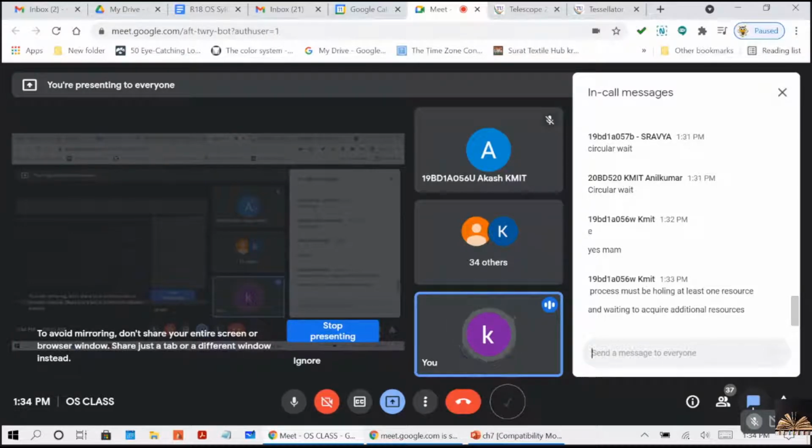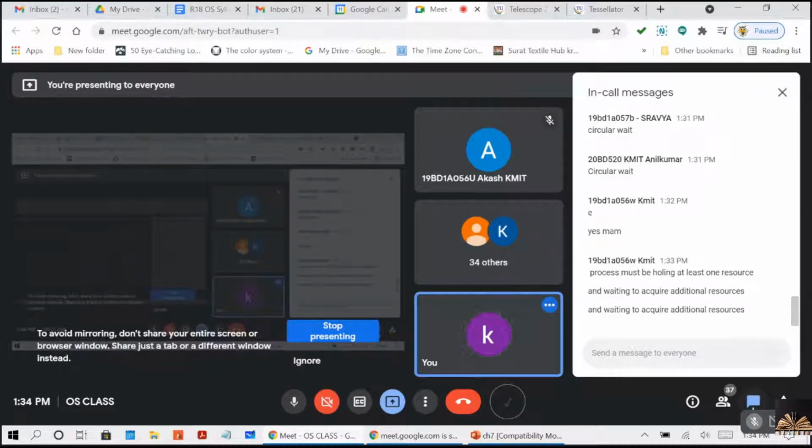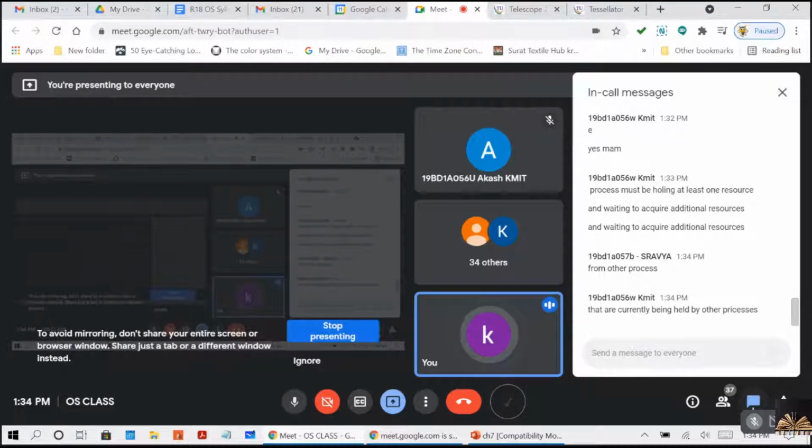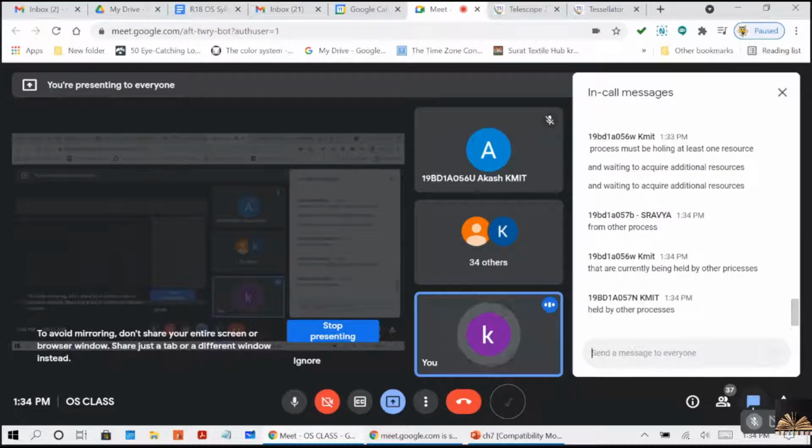And waiting to acquire additional resources. Okay, but there is a continuation point. Waiting to acquire additional resources. Now anyone can answer. Yes, from other processes that are currently held by other processes. Yes, very good.